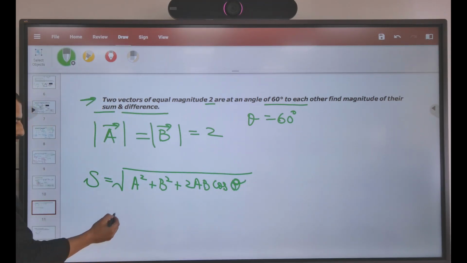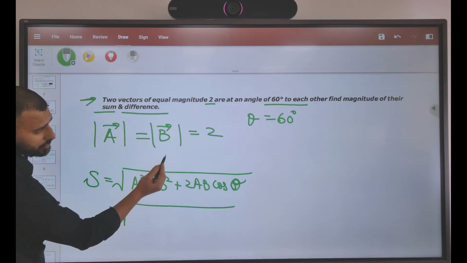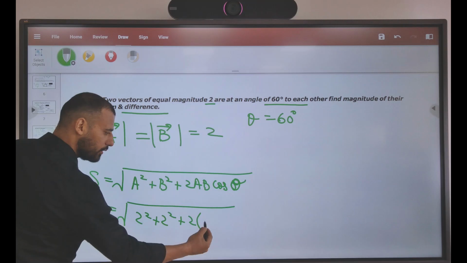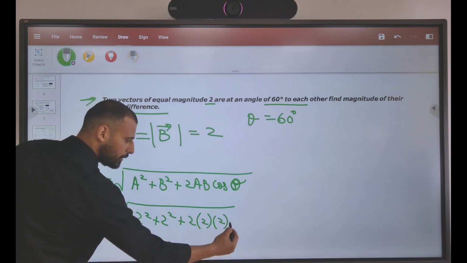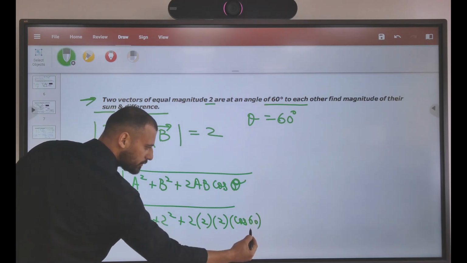So put in the values. It is 2 square plus 2 square plus twice 2 multiplied by 2 into cosine of 60. This will be your sum.